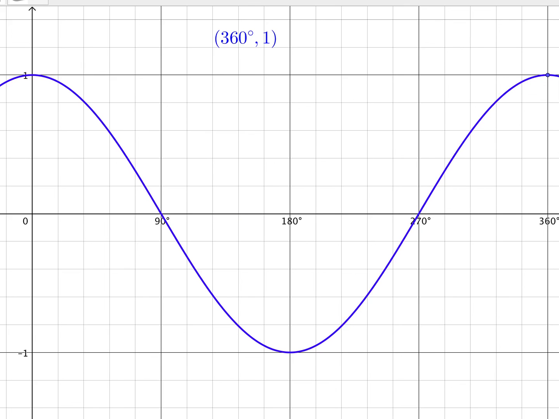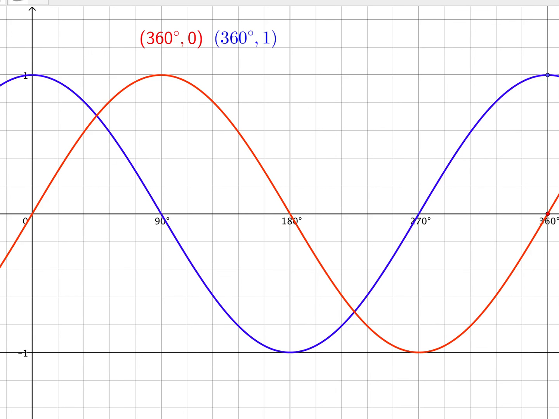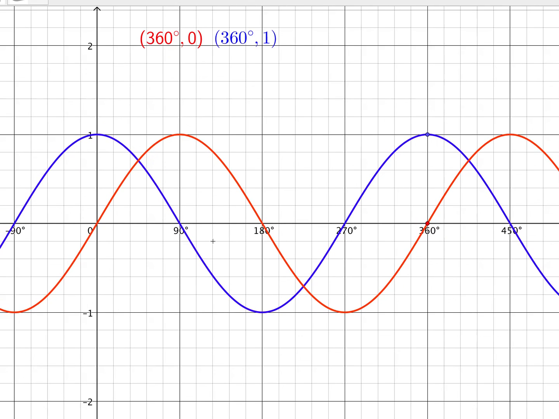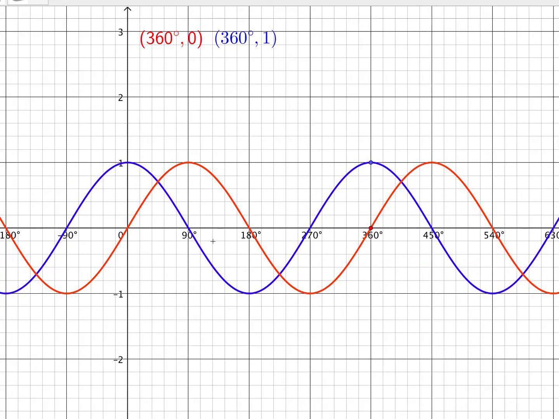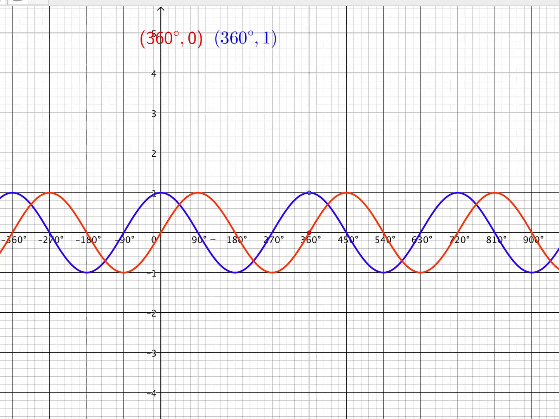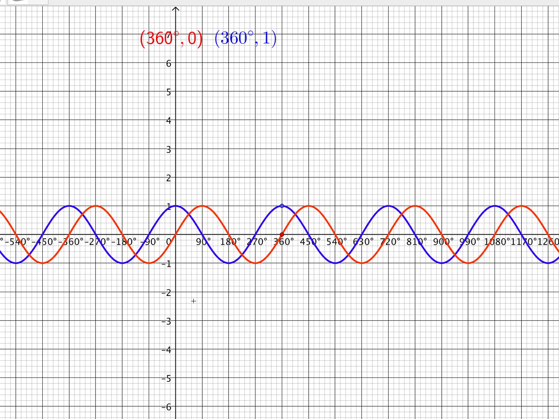Now, there's a sine graph on top of it. At first they might look different, but if we pull back and look at how it repeats itself, you can actually see the red and the blue graphs are both sine waves.